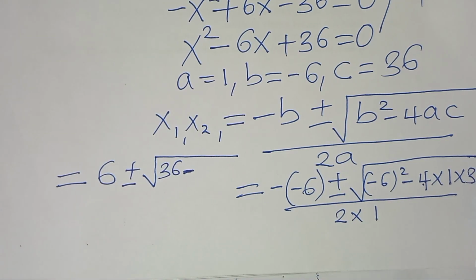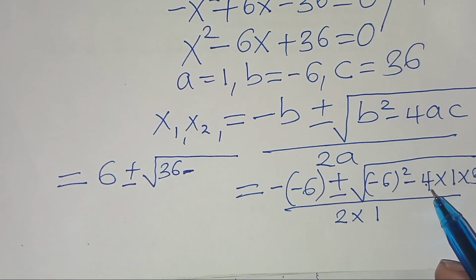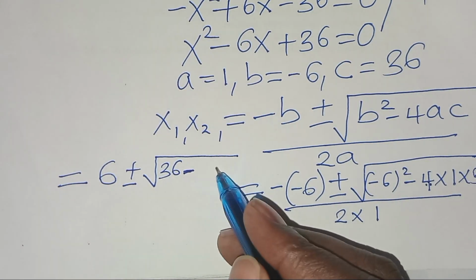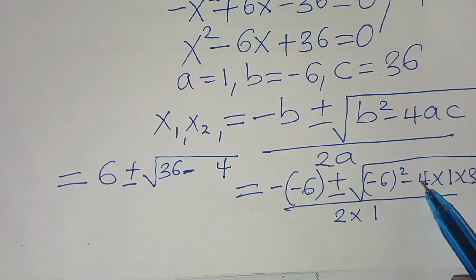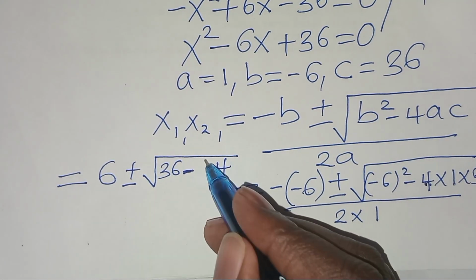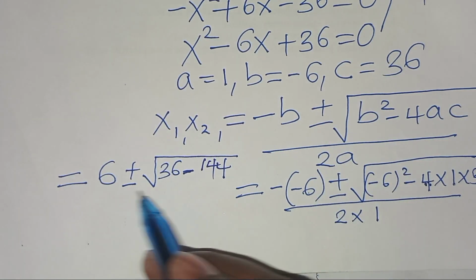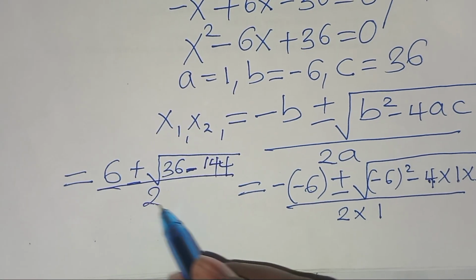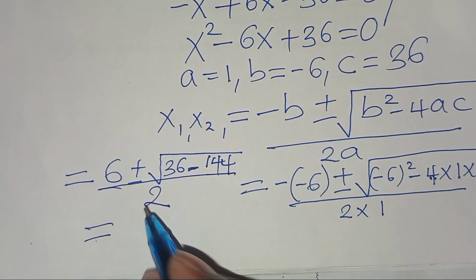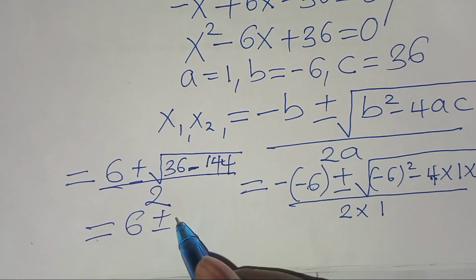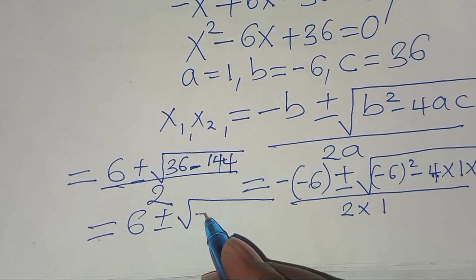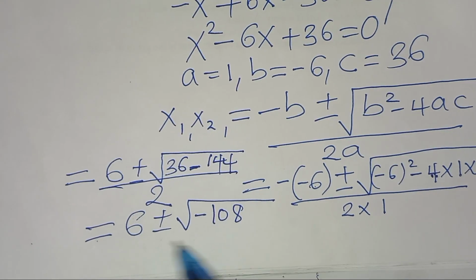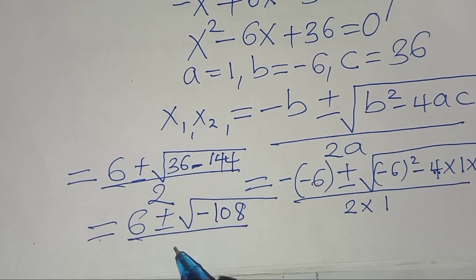This is the same thing as 6 times 4, which is 24, carry 2. Then 3 times 4, which is 12, plus 2, which is 144. All this divided by 2. So this is equal to 6 plus or minus the square root of 36 subtract 144, which is negative 108, divided by 2.